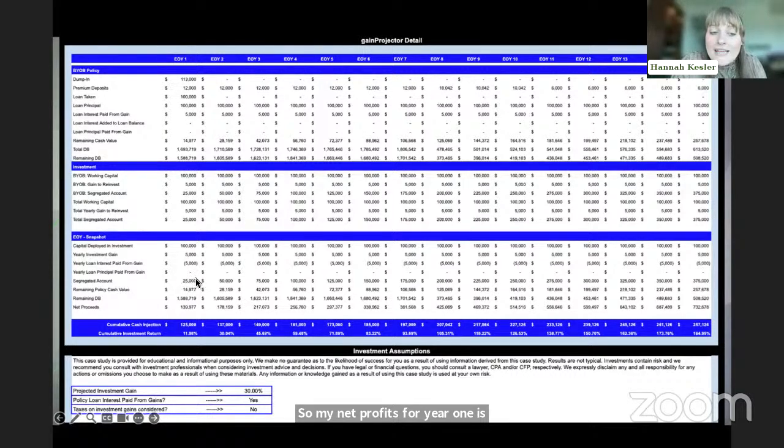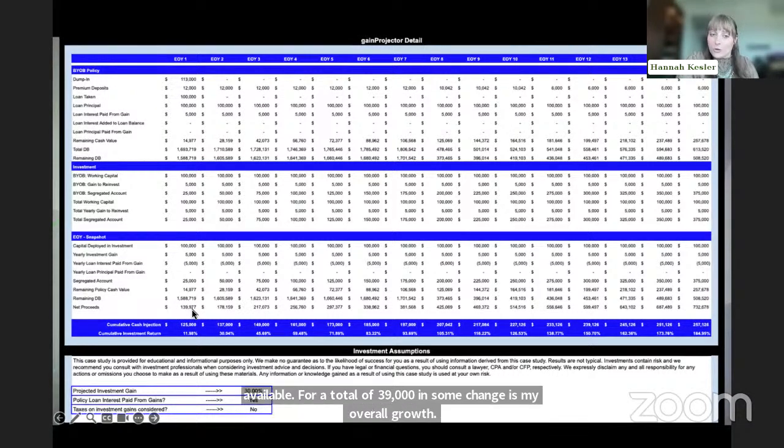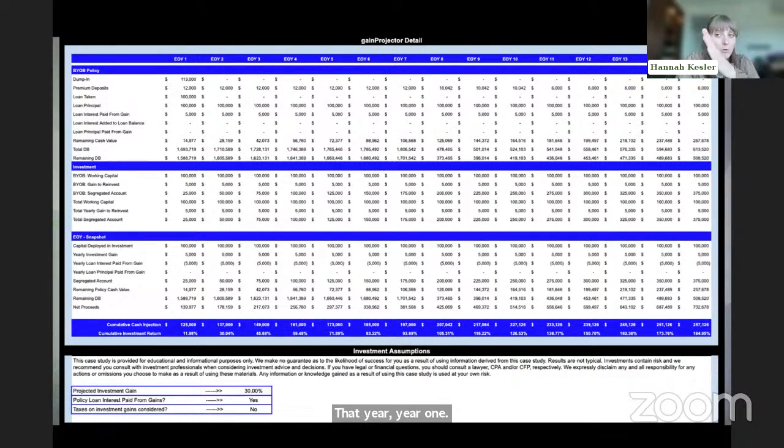So I have 25,000 at the end of year one, month 12, plus my 14,000 that's left over in the policy as cash available, for a total of 39,000 and some change as my overall growth in year one. Following? And I'm going to keep going because it's going to make more sense as I keep going.